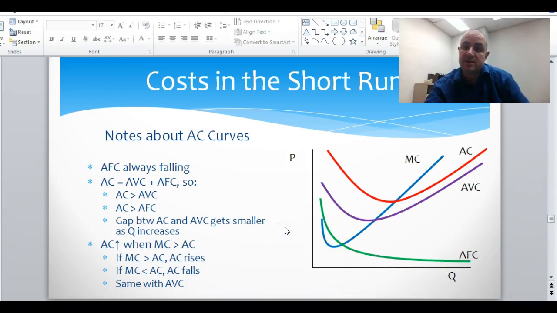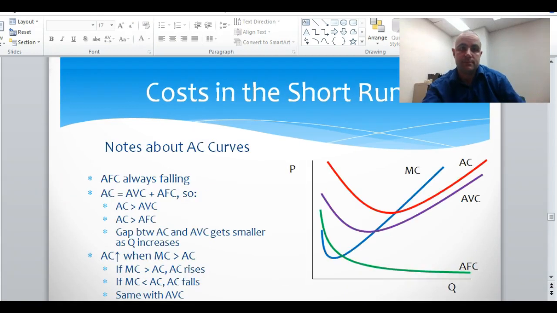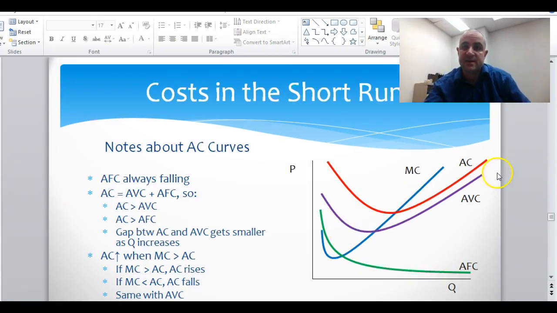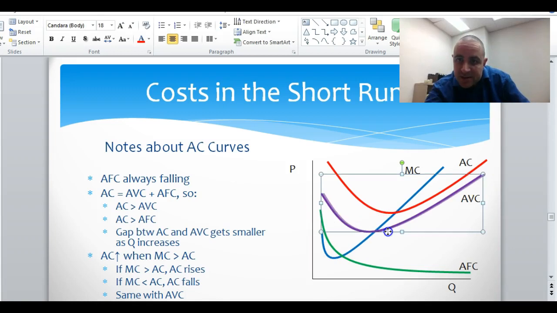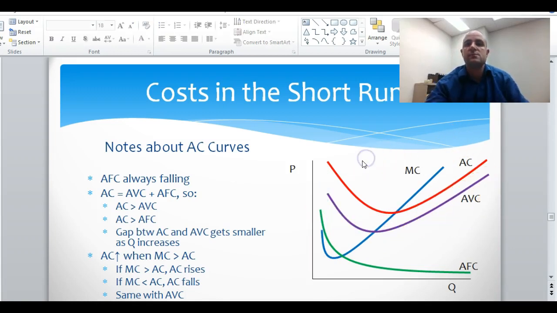Here's the other thing to note here. If we look at the average cost and the average variable cost and look at the marginal cost, the average cost and the average variable are going to be directly impacted by the marginal.